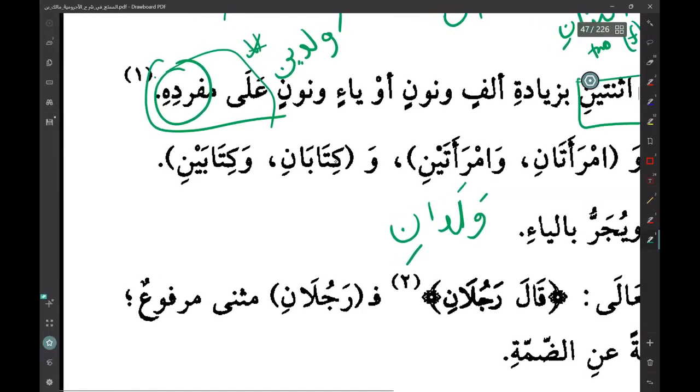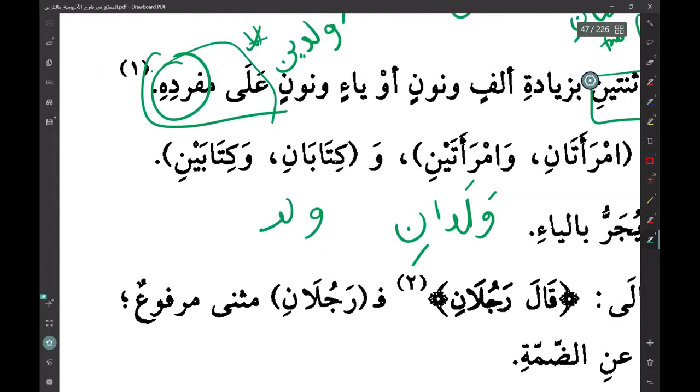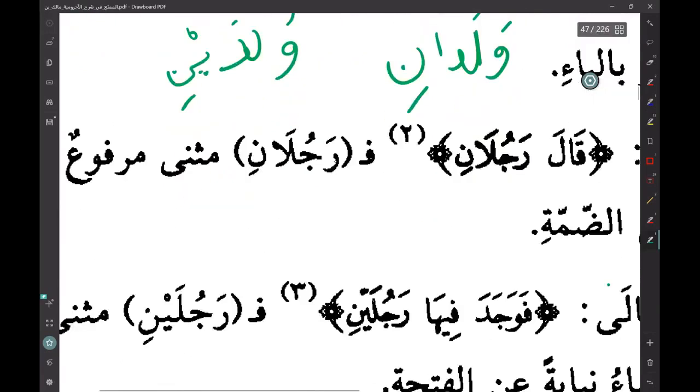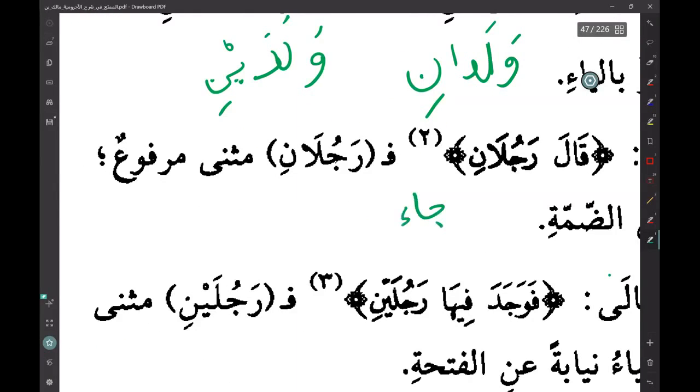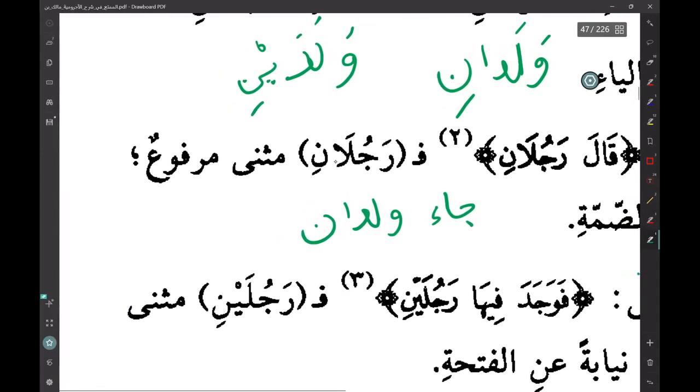And for both the nasb and the jar, the form is walad aini. For example, I'll show you. Ja'a waladani. Okay, so remember the example we always give. Ra'aytu waladaini.